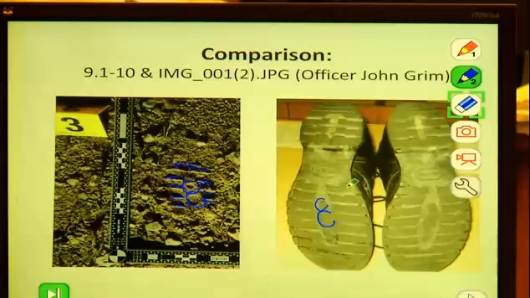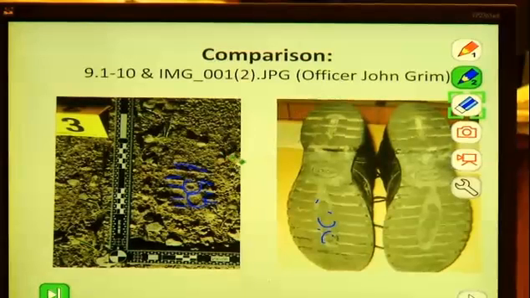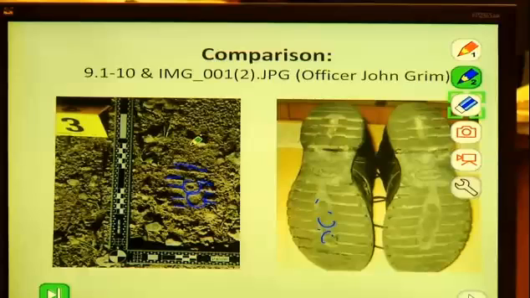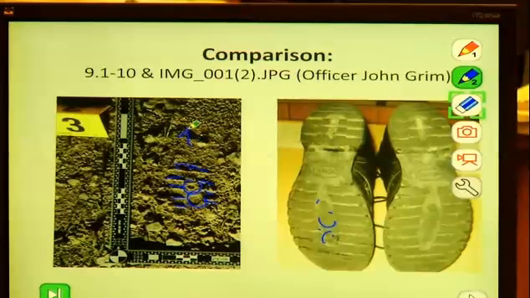Small circle at the front of the shoe. So the orientation is going in this direction here. You have a full line that goes across, which is this, and then you have partial lines that are stopped in the middle by how this boot is manufactured.